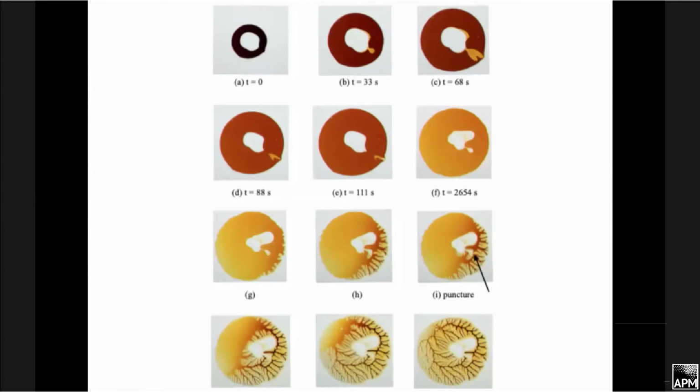Well, let me show you first some photographs taken with the aid of Howard Guest and his imagination, and then I'll show you a movie. Here's the trapped air bubble. This is the treacle around it.